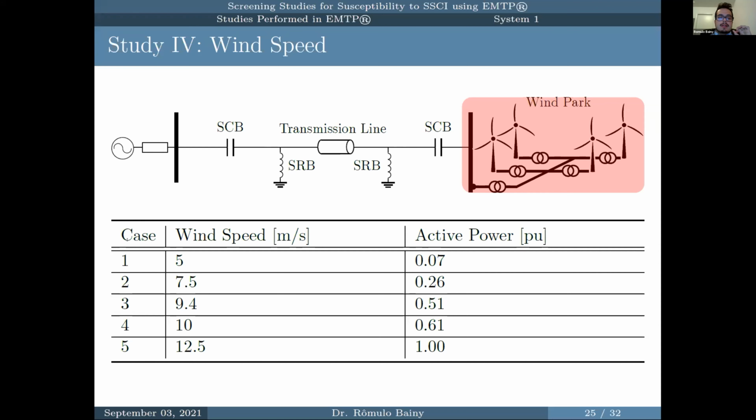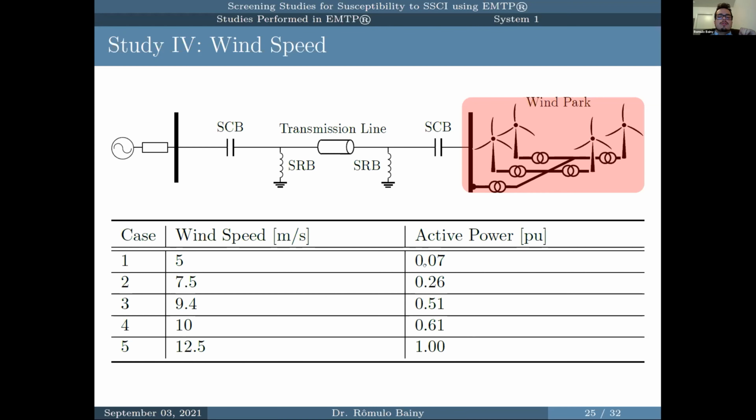And in this study, we have 5 different cases. We are going to start with case number 1, which is 5 meters per second of wind speed, and we are going to increase our wind speed to 12.5. This is going to result in a variation of our active power.